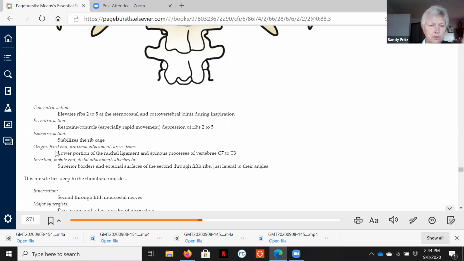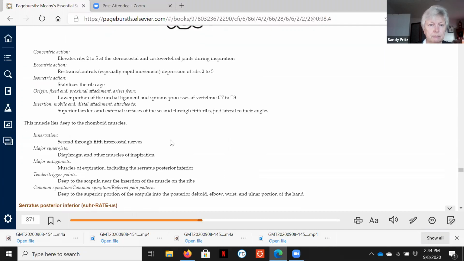Here is the origin, fixed and proximal attachment arises from. And then here is the distal attachment. Gives you a little hint here. It says it's deep, lies underneath another muscle called the rhomboid.